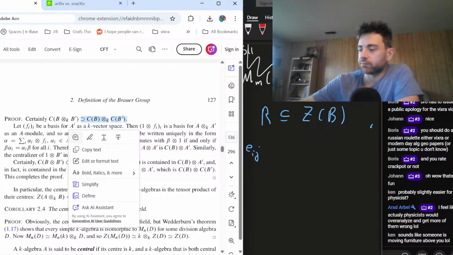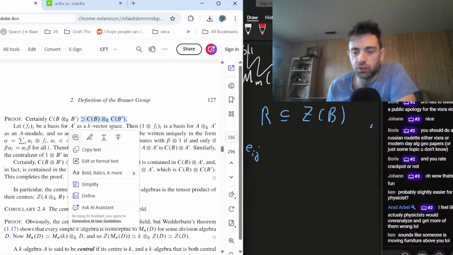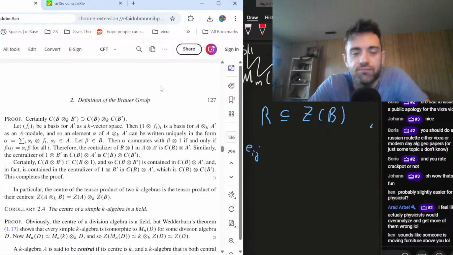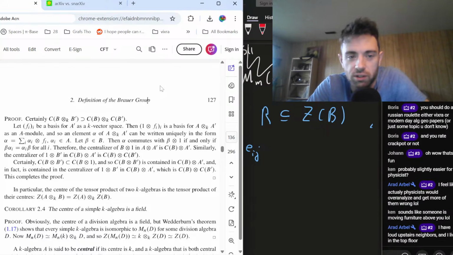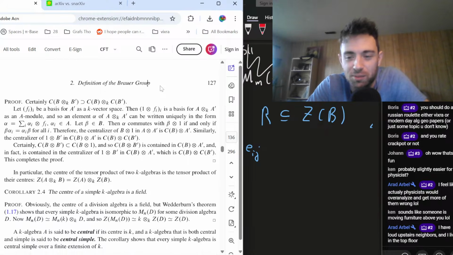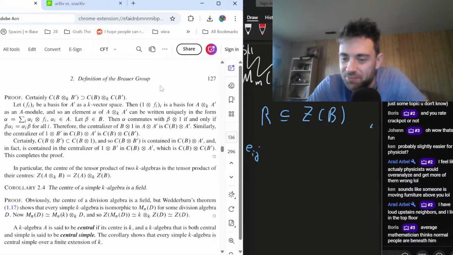I've been thinking when I move, for a postdoc or a job or something, I think I'm going to have to be in a 3-story building and be on the top floor of the 3rd story. I think that's the ideal for me. You have loud upstairs neighbors and you live in the top floor. You might want to talk to someone about that, Arad. Average mathematician thinks normal people are beneath them. Yeah, that's the real reason. I just need to be above everyone.